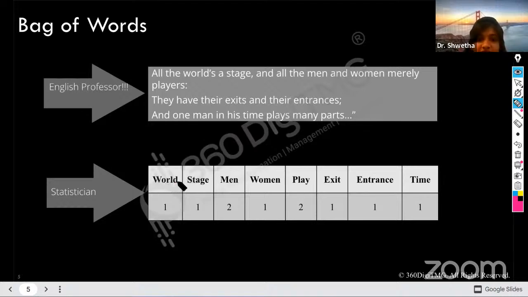Now, that is word. This is one to one. The word is repeated one time. Stage one time. Men twice. Men and man. Women once. Play twice. And exit once. Entrance once.